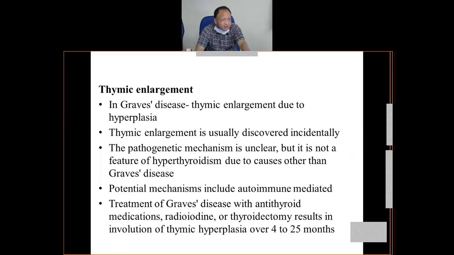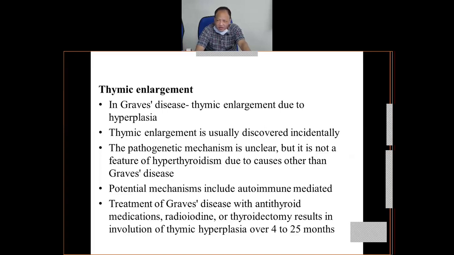So usually we will not suspect that the patients will have thymus gland enlargement. However, when they come to you with dyspnea or difficulty in breathing, when you evaluate such patients, you may discover it incidentally.